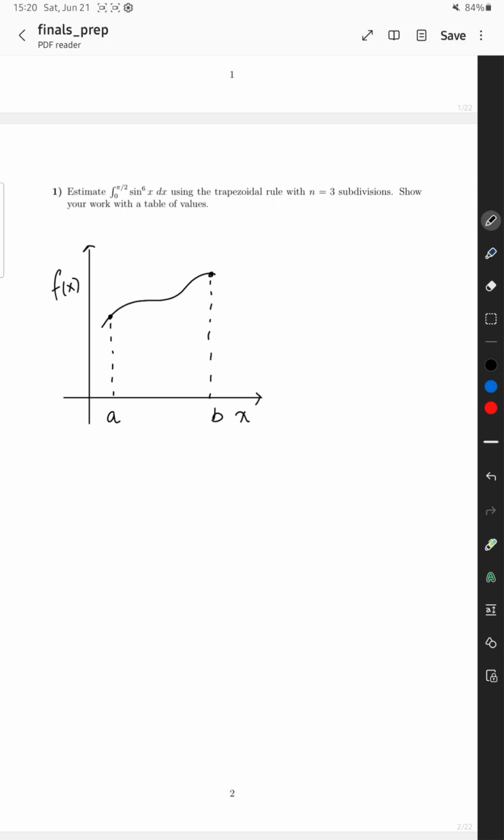Because the function is known in the interval, you can take a number of points or make a number of intervals. In this case, because we have to take 3 subdivisions, I will add 2 points in the interval at some other values. This will give me a segment like this. So we have 3 segments now, 1, 2 and 3.